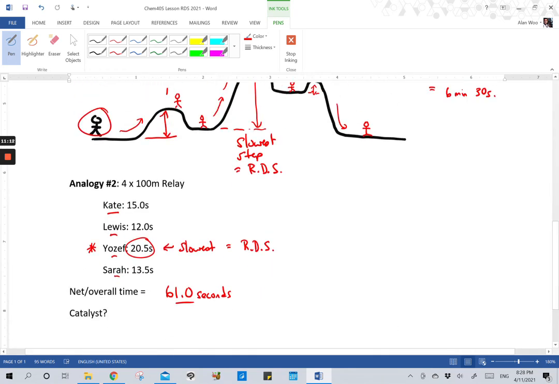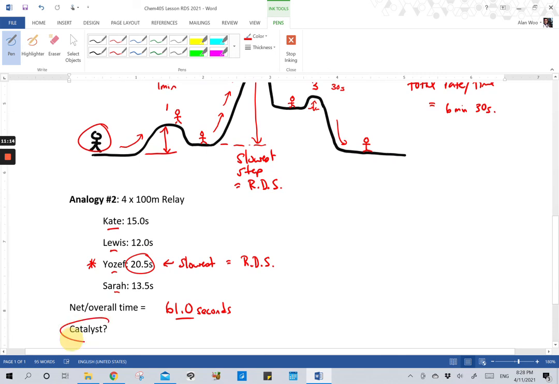Now, you could potentially figure out an analogy for a catalyst as well. A catalyst tends to speed up the rate of reaction. But again, the catalyst has to be applied to the slowest step.